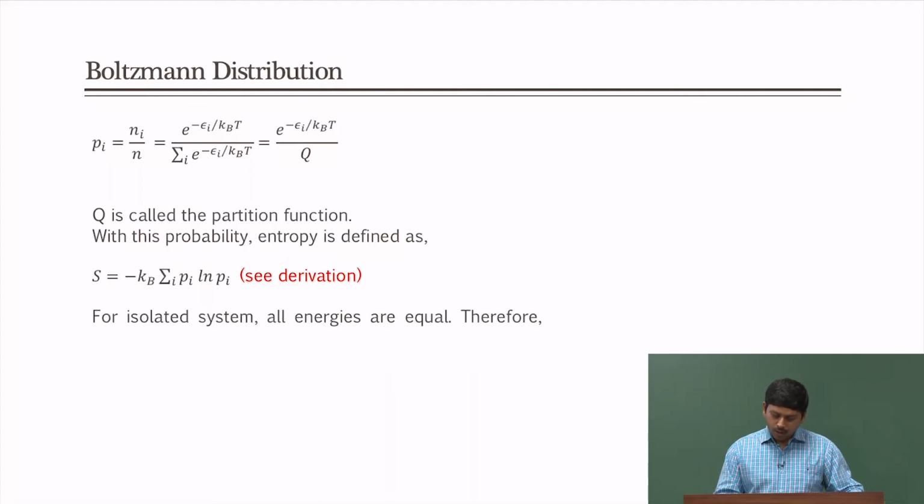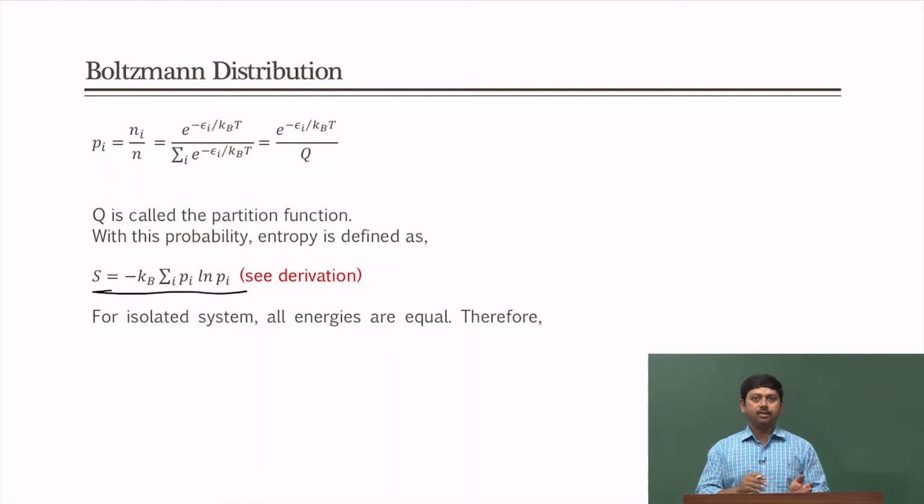Now, I will just show you how this particular formula of p_i ln p_i works. We have done the derivation starting from W, and now we go back to W. So, for an isolated system, or for a degenerate system where all the energies are the same, you know that the probability depends on the energy.